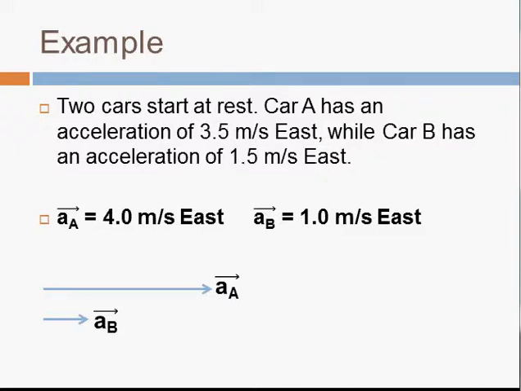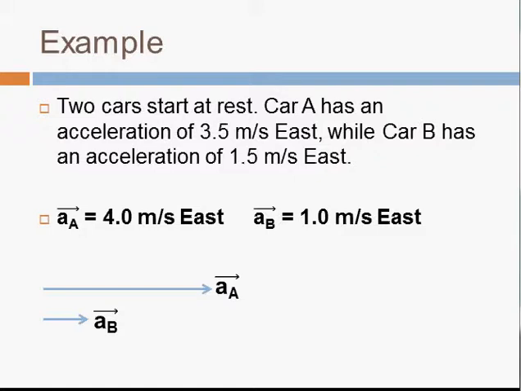Let's say we have this. Two cars start at rest. Car A has an acceleration of 3.5 meters per second east, while car B has an acceleration of 1.5 meters per second east. So, again, I included an error in here just to make sure you're paying attention. We have the acceleration of A, it says it's 4 meters per second east. It should be 3.5. For car B, it should be 1.5, but instead, for some reason, I put it as 1.